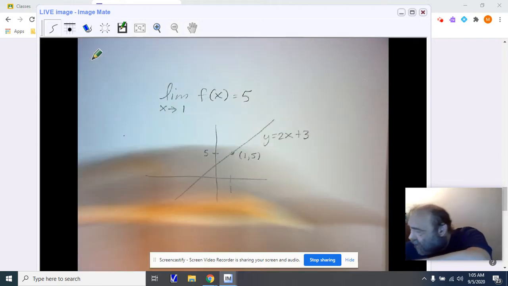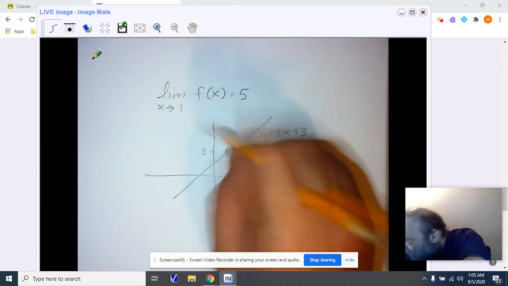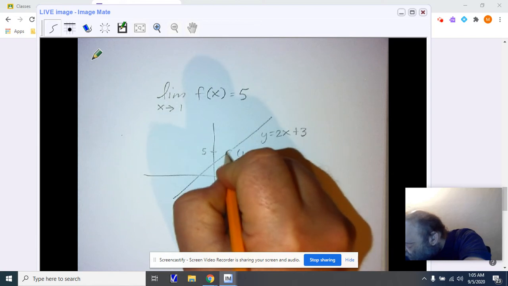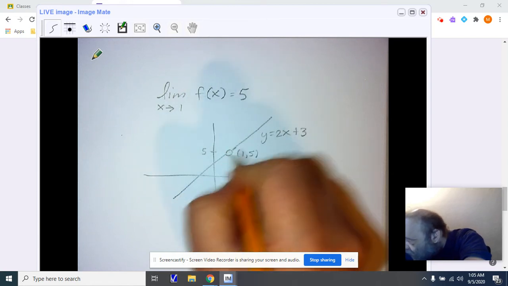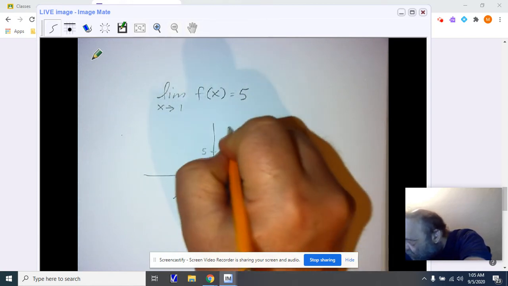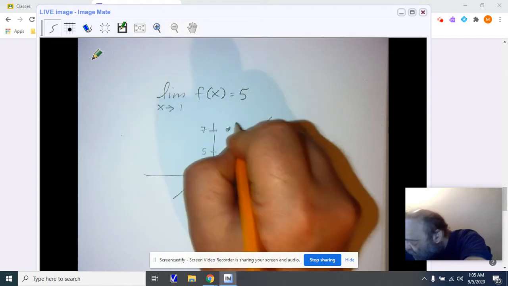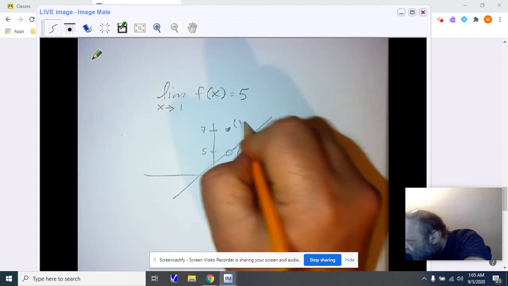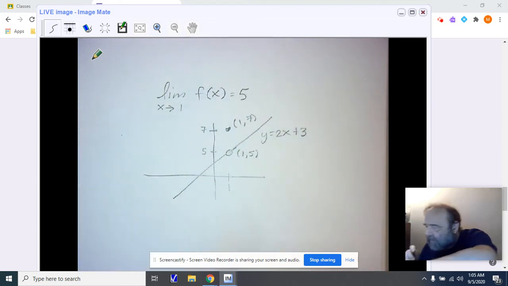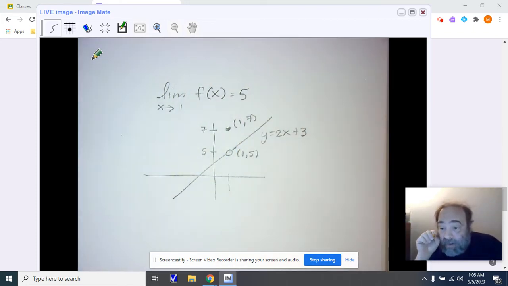Now, it doesn't matter whether the point exists or not. For example, here's a situation that confuses some people. The limit is approaching 5, but the value is defined up here at 7. Notice this is the point (1, 7), but the hole is at 5. The point (1, 7) is a trick. They're trying to trick you.